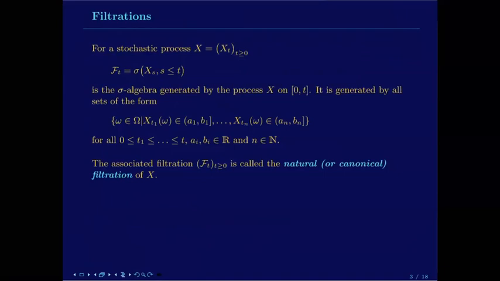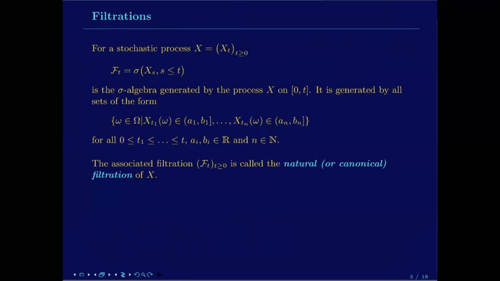So if you have a stochastic process X, then we can generate a filtration out of the process. So F_t is the smallest sigma algebra that is contained or described by the events of the process X up to time t.